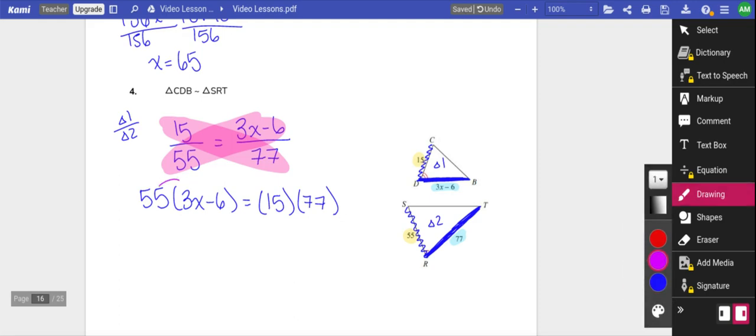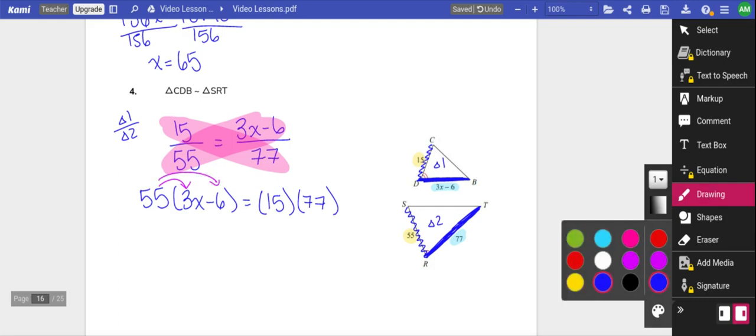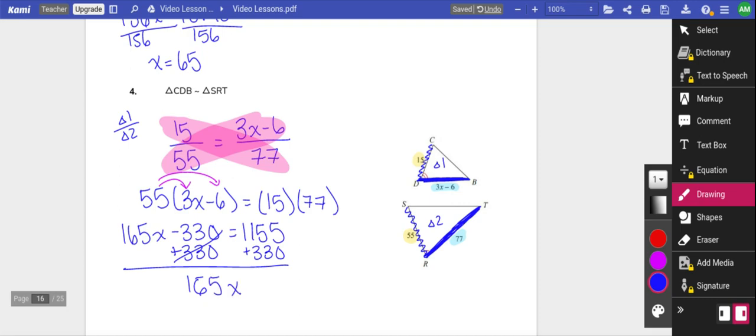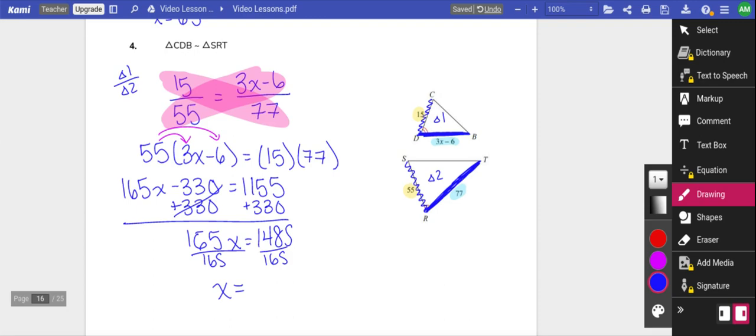I have to distribute 55 to 3x and to negative 6. I get 165x minus 330, and 15 times 77 is 1,155. To solve this equation, I would add 330 to both sides. I get 165x is equal to 1485. Divide to get x by itself. And x is equal to 9.